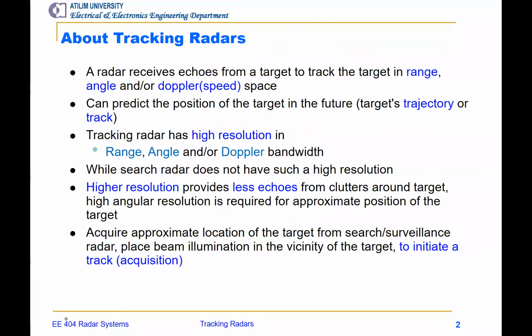Okay, as we have studied in previous lessons, we measure or estimate the distance to a target by using radar systems, and we can measure the speed of the target, and we can also measure the angle of the target.